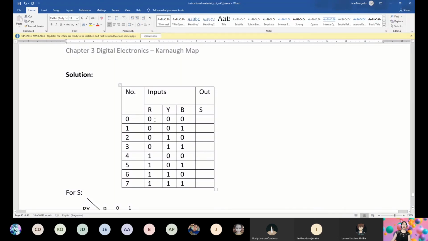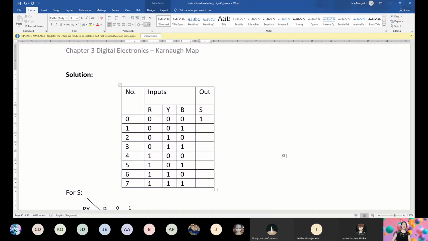So, you have 3 inputs. So, therefore, 2 to the 3 is 8 possible combinations. So, first combination is if all valves are closed, 0, 0, 0, ano output natin? 1. Dalawa lang output natin, either 0 or 1, di ba?